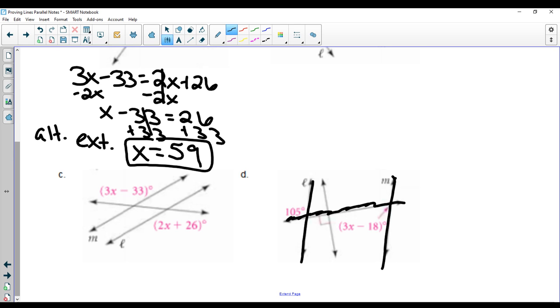And I think I'm right because we're trying to say L and M are parallel. So I can use corresponding angles and say that this 105 can come down right here. Okay, I know that.